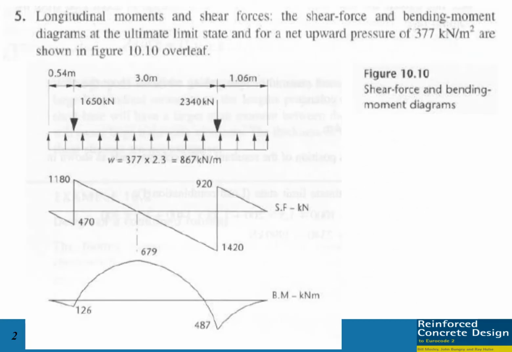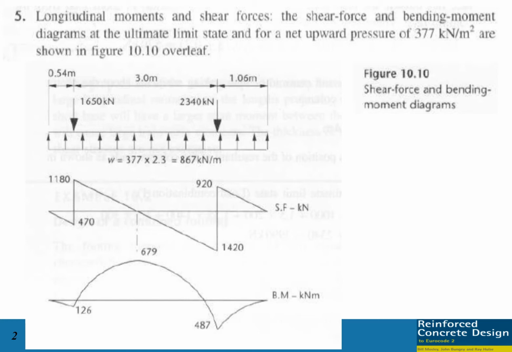In this slide you can see that in order to design the reinforcement, we need to determine the bending moment diagram and shear force diagram. In order to determine these, we need to have the free body diagram.